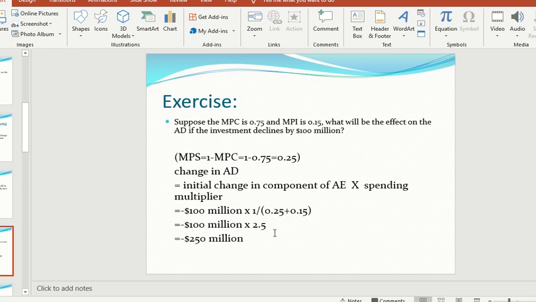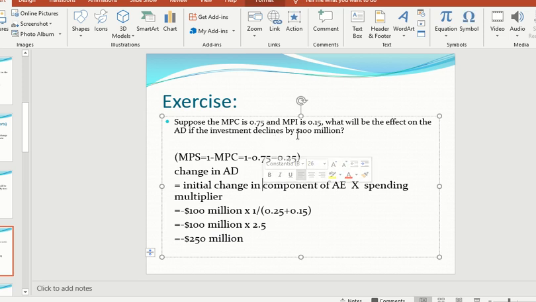And so that gives us a spending multiplier of 2.5. So with an initial change in investment of $100 million, the aggregate demand decreases by $250 million. You can see that the effect is smaller with an open economy than a closed economy.